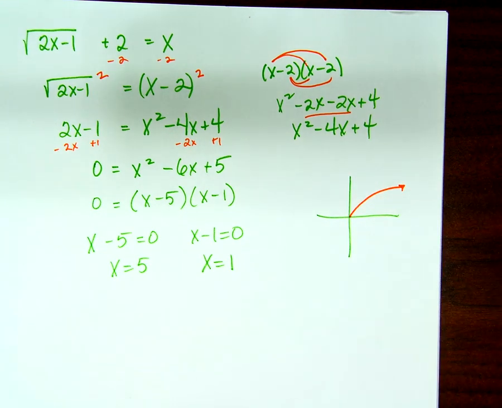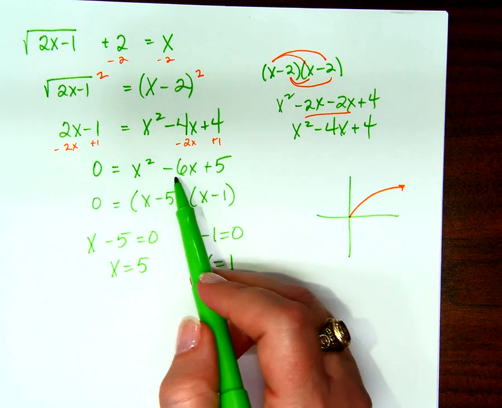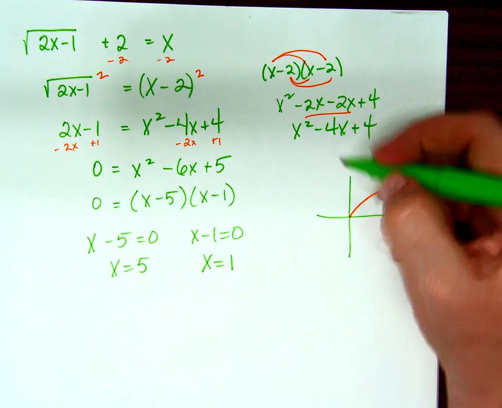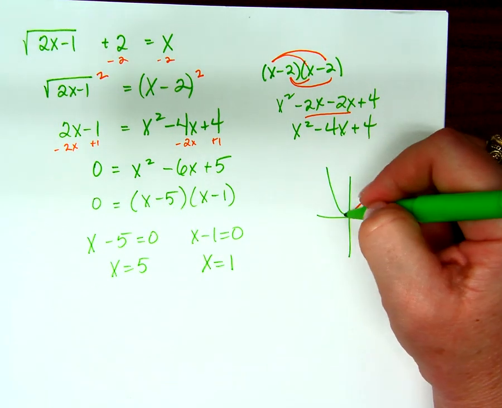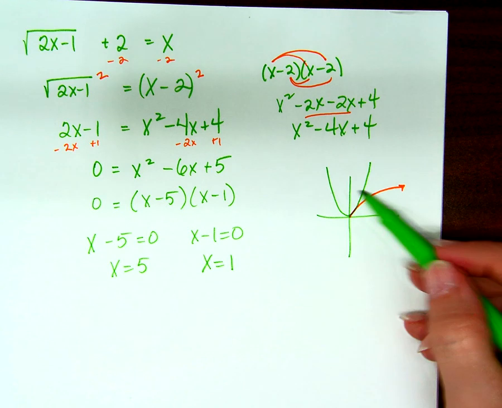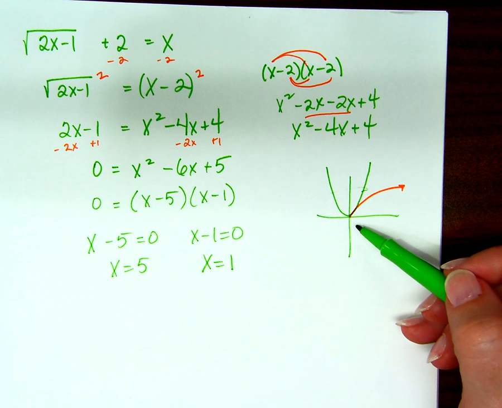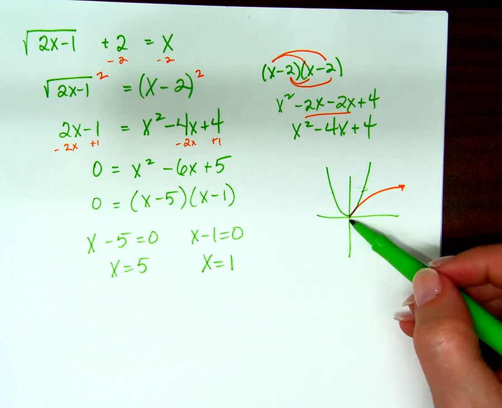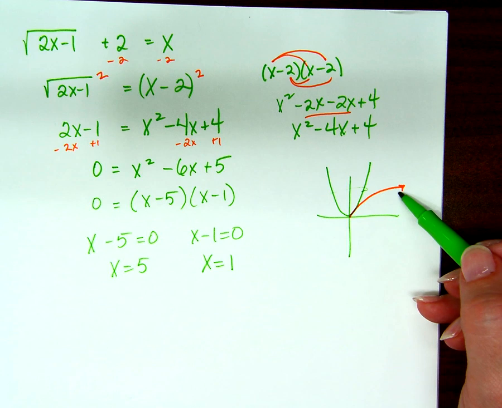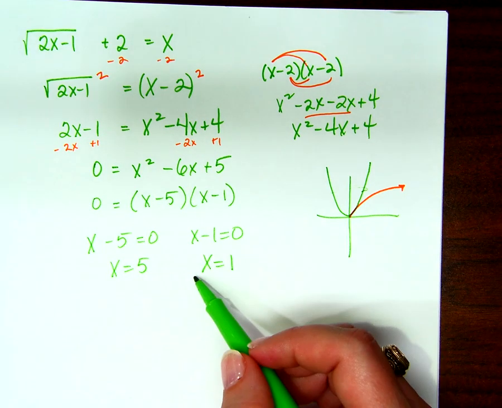And we made it into a quadratic, where the parent function looks like this. Now, how many times can a quadratic cross the x-axis? If I move it up or down, either once or twice, right? Well, how many times can a square root cross the x-axis? Only ever once. How many answers did I get? 2.